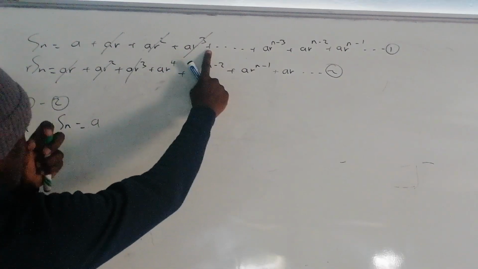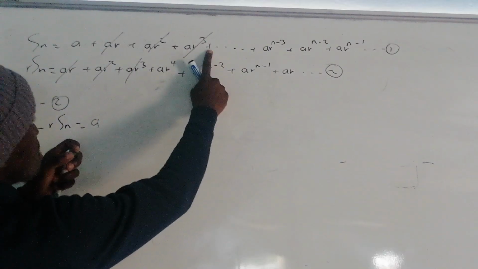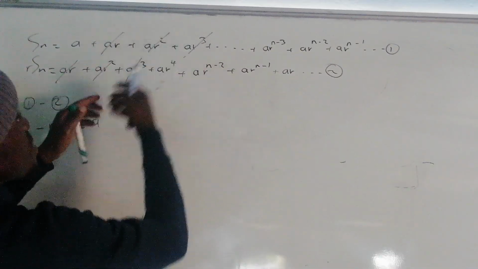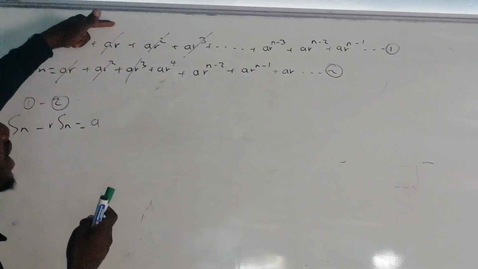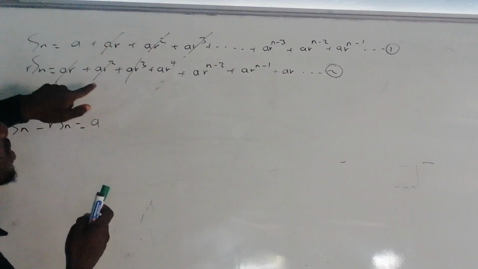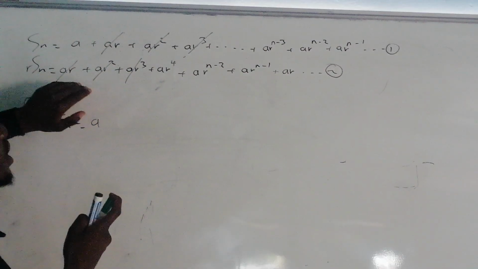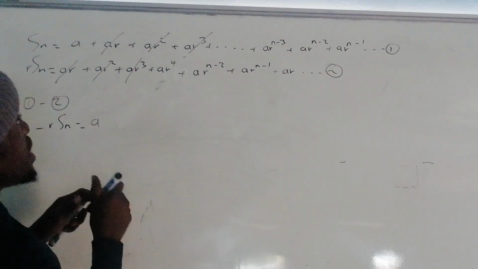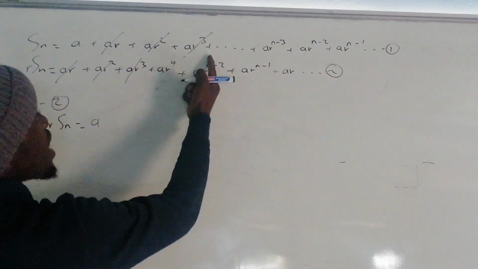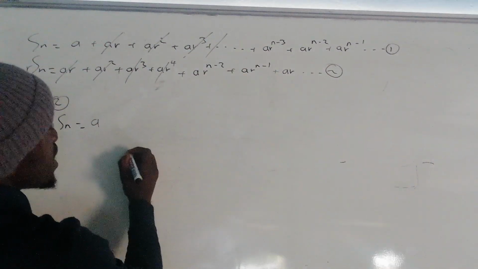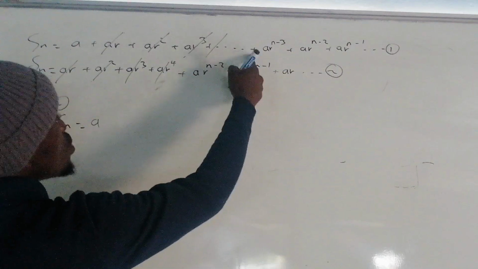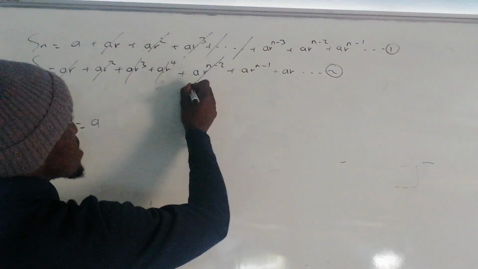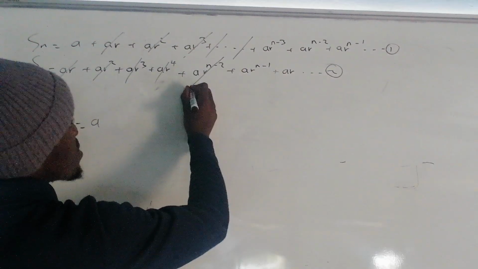Since this is a positive sign, it tells us that the series is continuing, meaning that before this we do have ar to the power 4, so they will cancel. Plus, we do have something which is ar to the power n minus 2 before this, so they will cancel. I'm not sure if you guys understand that.